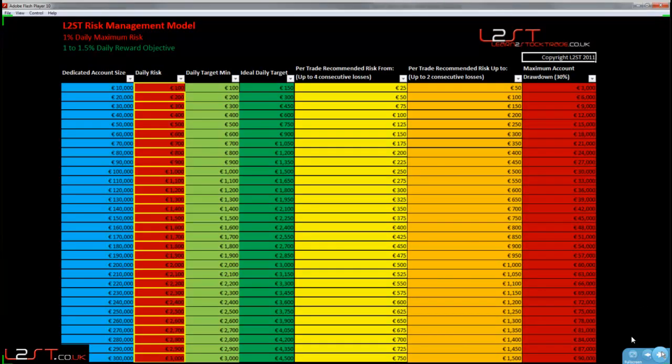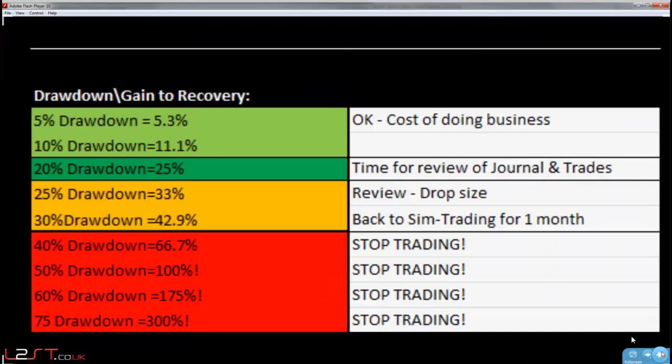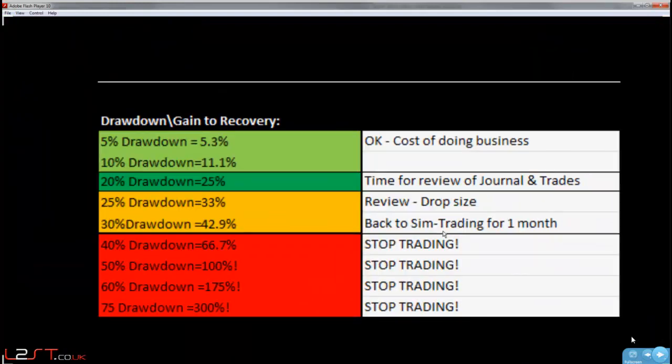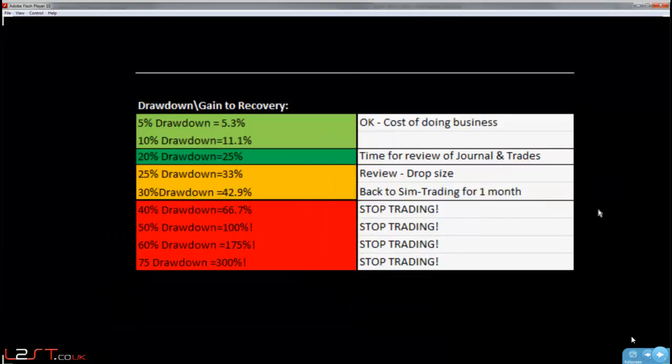Now, the reason 30% is the max is if you look at drawdown and gain to recovery, meaning, if you've had this level of drawdown, what do you have to make on what's left in your account in order to get back to break even? That's gain to recovery.